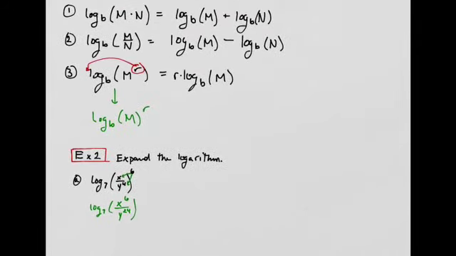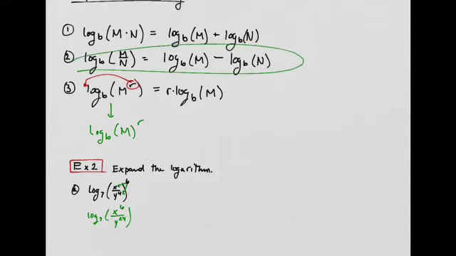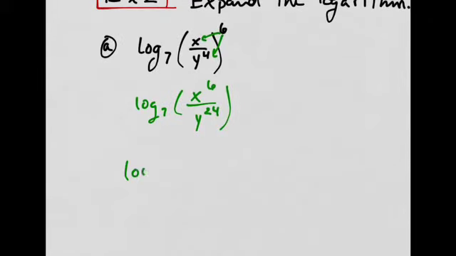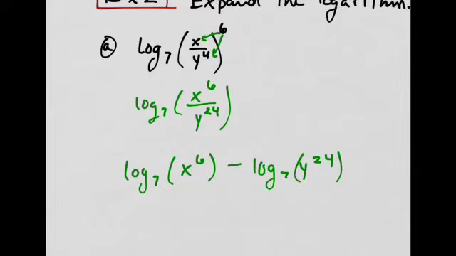And then I'm going to use law number 2, where if I have division on the inside, I can change it to subtraction on the outside. So I'll say log base 7 of x to the 6th minus log base 7 of y to the 24th. So I'll have that.